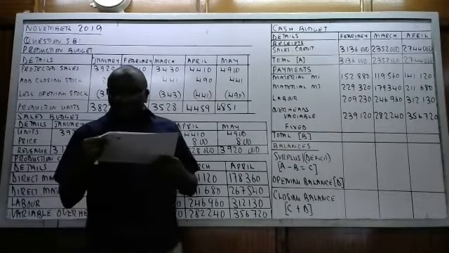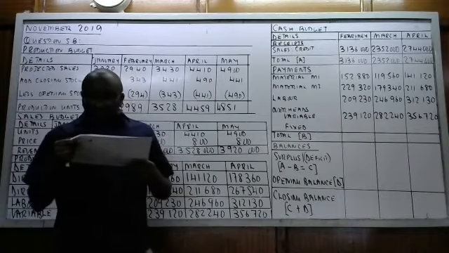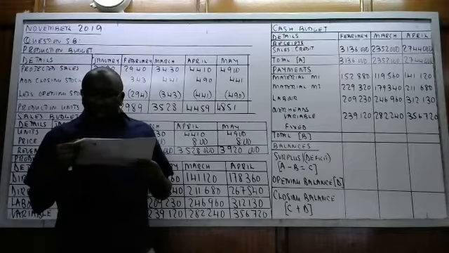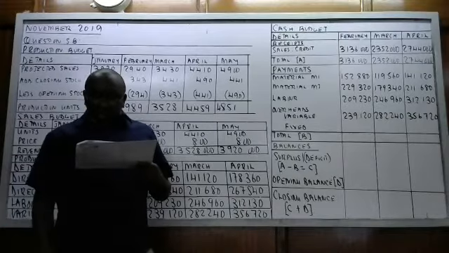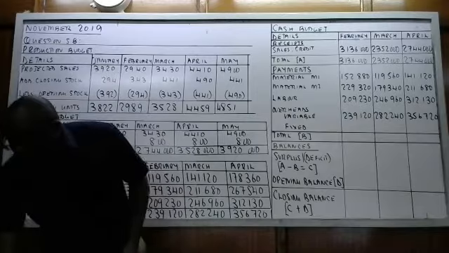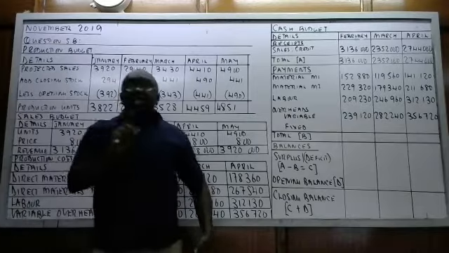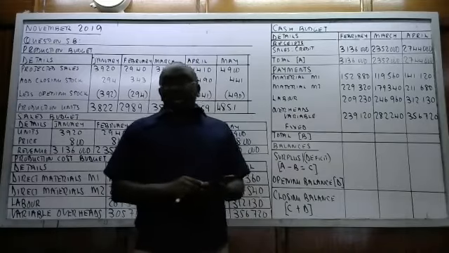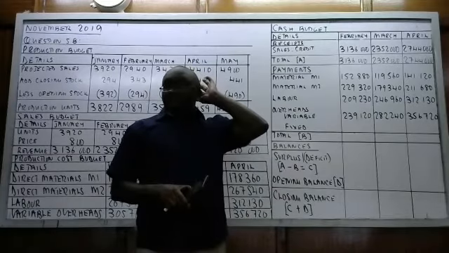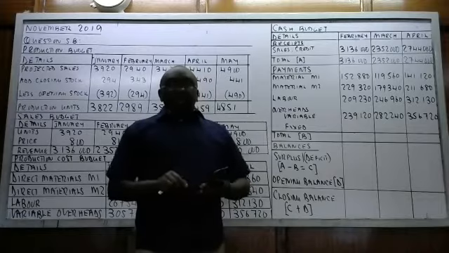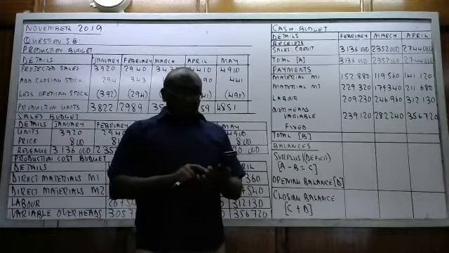Fixed overheads, we are told they are 300,000, but they include depreciation of 35,000, and they are payable in the month in which they are incurred. Now, depreciation never appears in cash budget. It is not a cash item. So anytime you meona depreciation together with overhead, you should subtract depreciation.